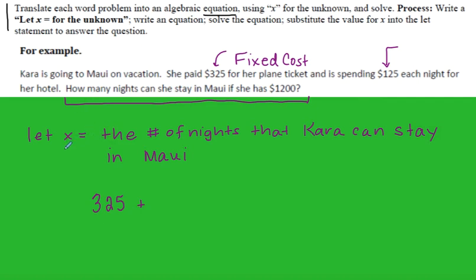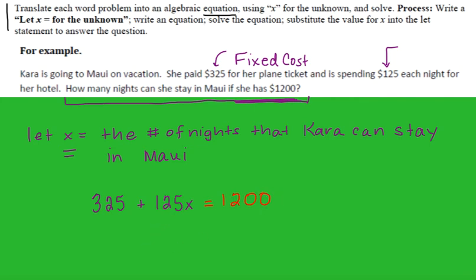The number of nights we said was x. So that's 125x. That's an expression. That's how much she'd be paying to stay in Maui. But now they also told us she has $1,200. So if we set this equal to $1,200, we will see how many nights she can actually spend in Maui.